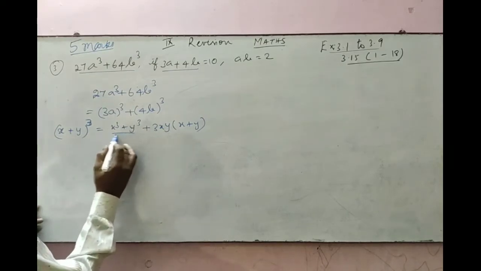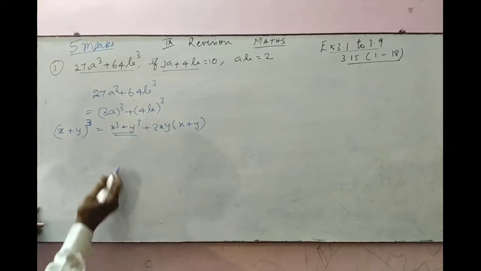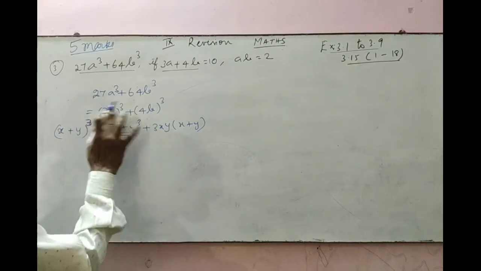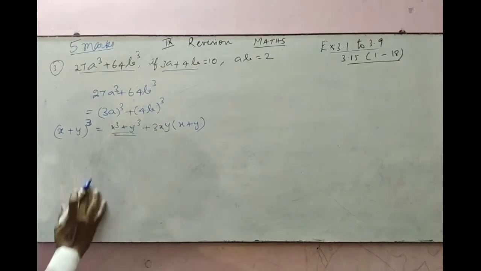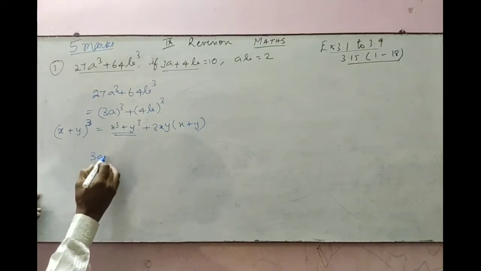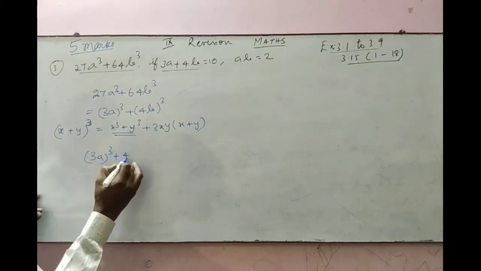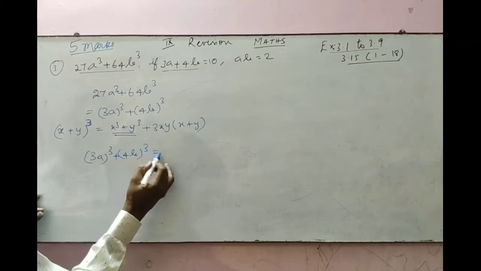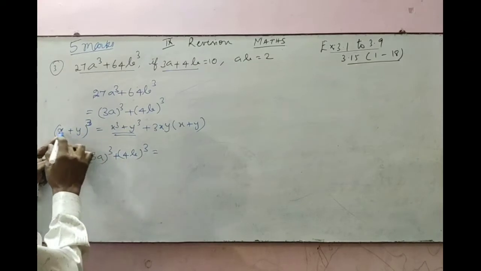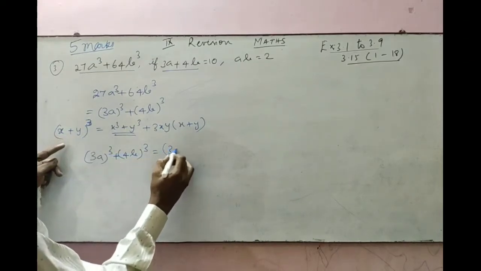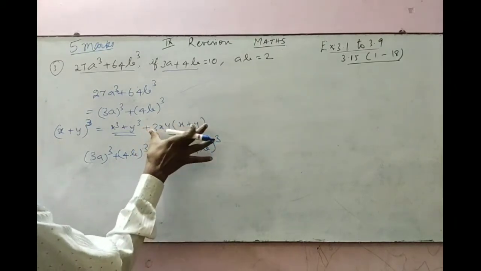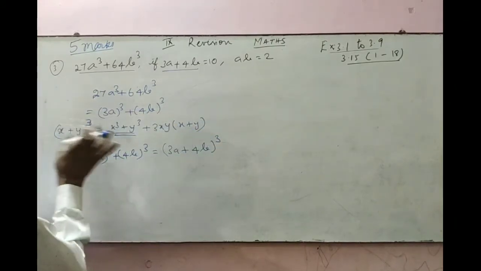Here we have to find this x cube plus y cube. So I am going to write this as 3a whole cube plus 4b whole cube, in this form x plus y whole cube, that is 3a plus 4b whole cube. I am going to take this term to the left side.